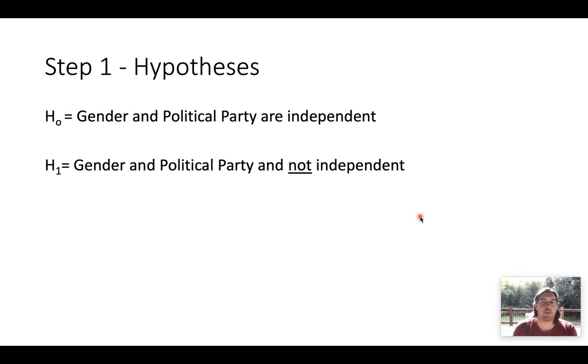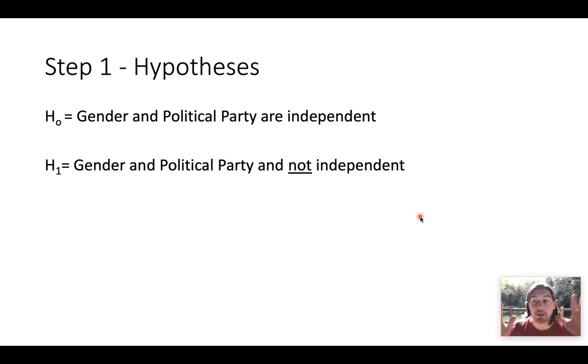We can do our hypotheses in words here because it's a little tougher to use symbols for a test of independence. And the hypotheses are pretty straightforward. The null hypothesis is that nothing is happening. Gender does not impact political party.